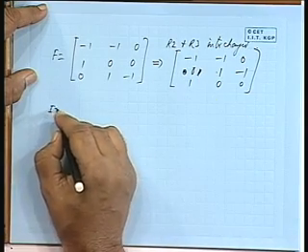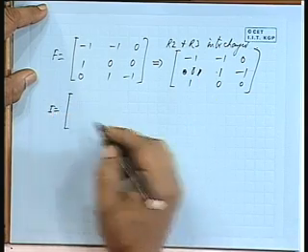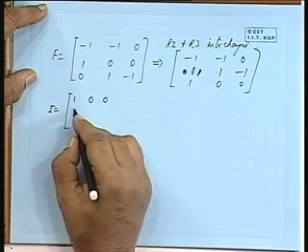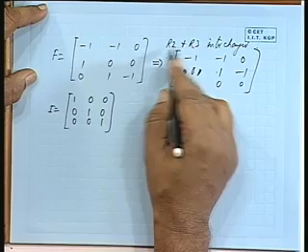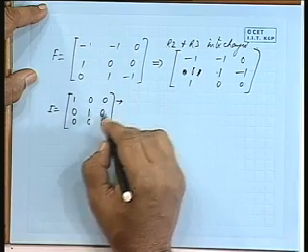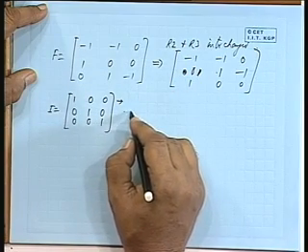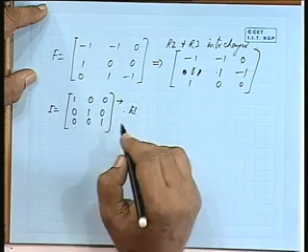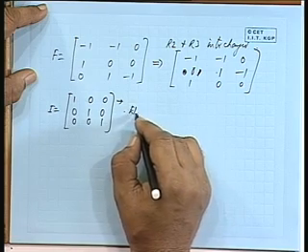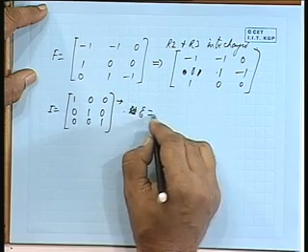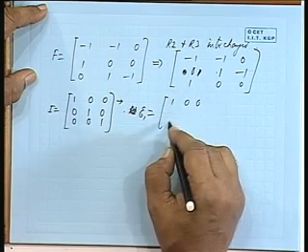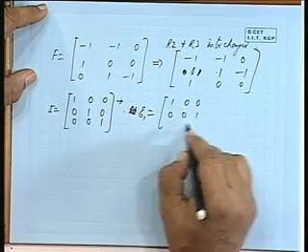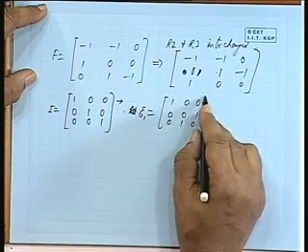What is an identity matrix? 1, 0, 0, 0, 1, 0, 0, 0, 1. And if I make row 2 and row 3 interchange, elementary matrix, I will call it epsilon matrix: 1, 0, 0, 0, 0, 1, 0, 1, 0.